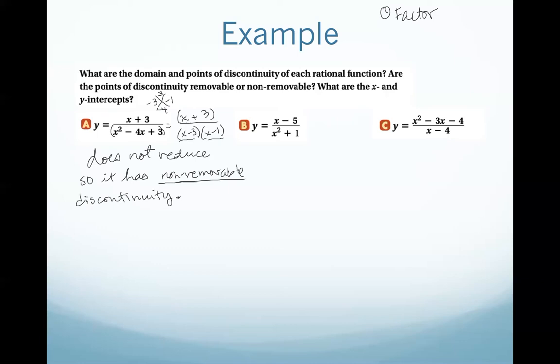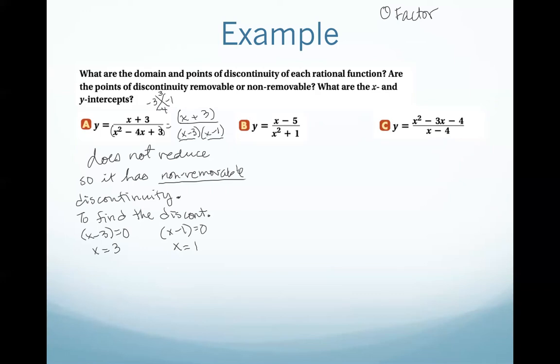I just can't divide anything by 0. So to find the discontinuity, we set x minus 3 equals 0 and x minus 1 equals 0, which means that x is 3 and x is 1. So we have 2 points of non-removable discontinuity.